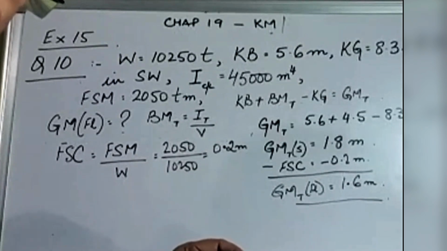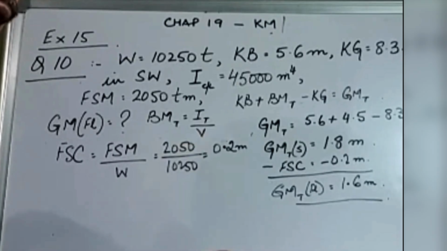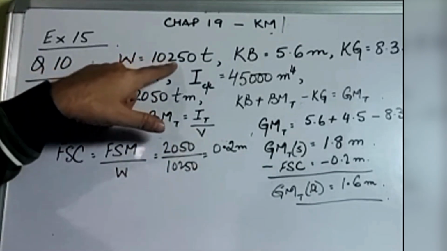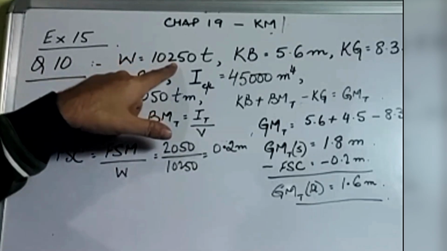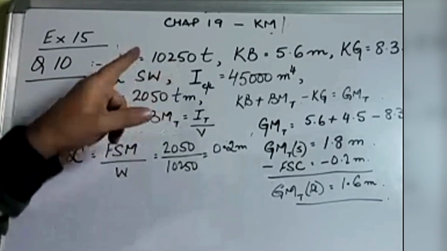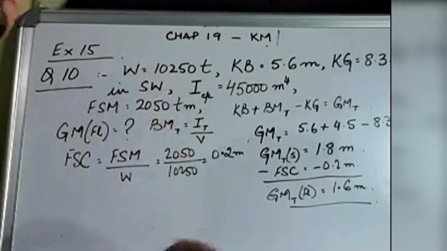Sir, what is this V, sir? I missed that one. V is underwater volume. Okay, sir. Underwater volume is displacement divided by density. Okay, sir. So 10250 divided by 1.025 will give me 10,000. Yes, sir. Understood. Thanks.